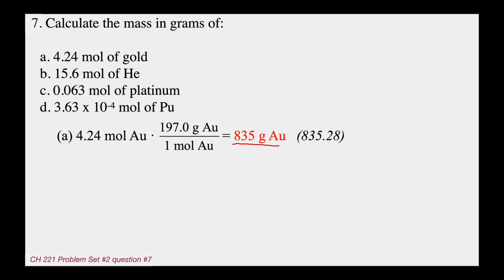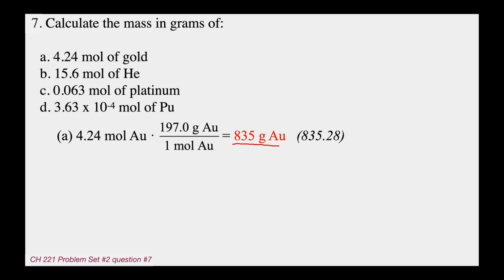You could also use the number I quoted earlier, 196.967. You just don't want the sig figs to be cut down by the molar mass. So it gives you, as the chemist, some flexibility in the numbers you use. You wouldn't want to use like only 2 sig figs for the molar mass, because that would cut your sig figs down to 2. So using 4 sig figs, 197.0 is fantastic.